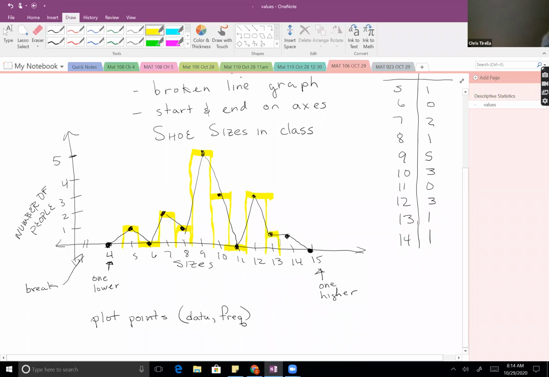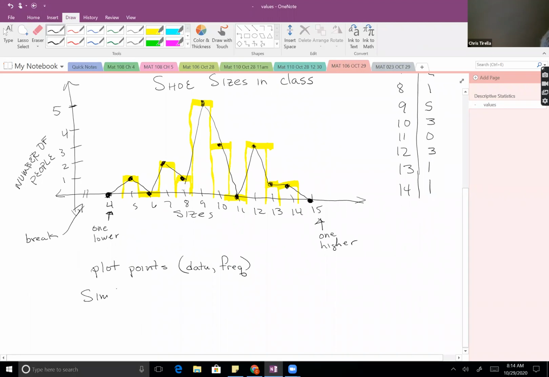So it's somewhat similar to the histogram, just a different shape. Usually in class, what I would do if we were at the dry erase board is I would overlay the frequency polygon on the histogram to show what I tried to show here with highlighter.